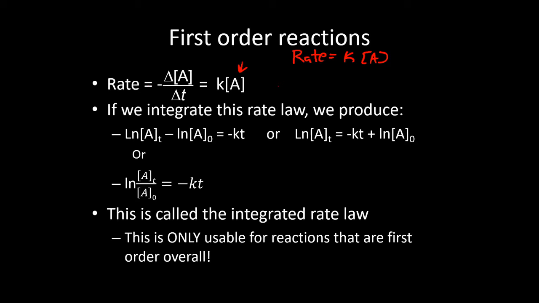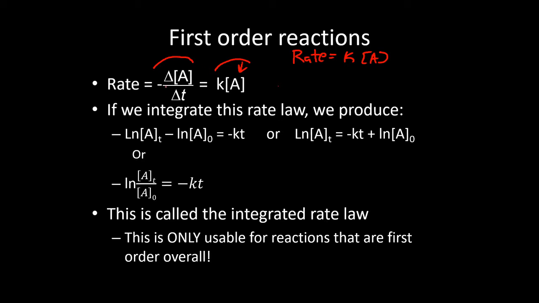So if the rate is equal to this, and it's also equal to this, then by the transitive property, I think that's what that's called, the two of them are equal to each other as well. If A is equal to B and A is also equal to C, then B is equal to C. That's what we're saying here.